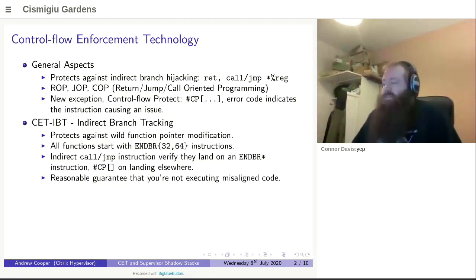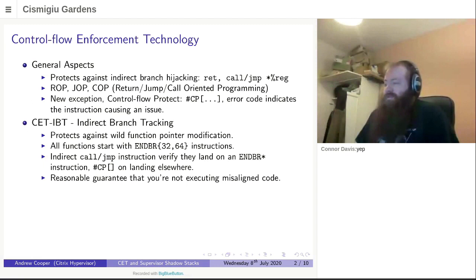The set is split into two separate parts. The first is called indirect branch tracking. This is to combat modifications to function pointers. It works by putting an end branch instruction at the head of every function call that might be approached by an indirect jump. Also for static jump tables for switch statements.